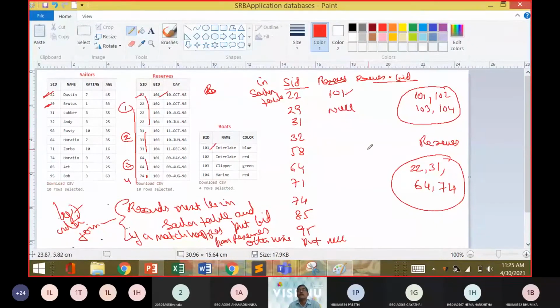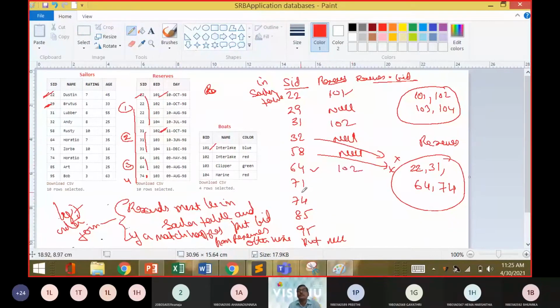Is 31 in the set? Yes. Put some boat for him. So we get it as 31, 102. Is 32 in the set? Answer is no. So you put null value. Is 58 in the set? No. Put null value. Is 64 in the set? Answer is yes. So you can put 101 or 102, whatever it is. So 102.